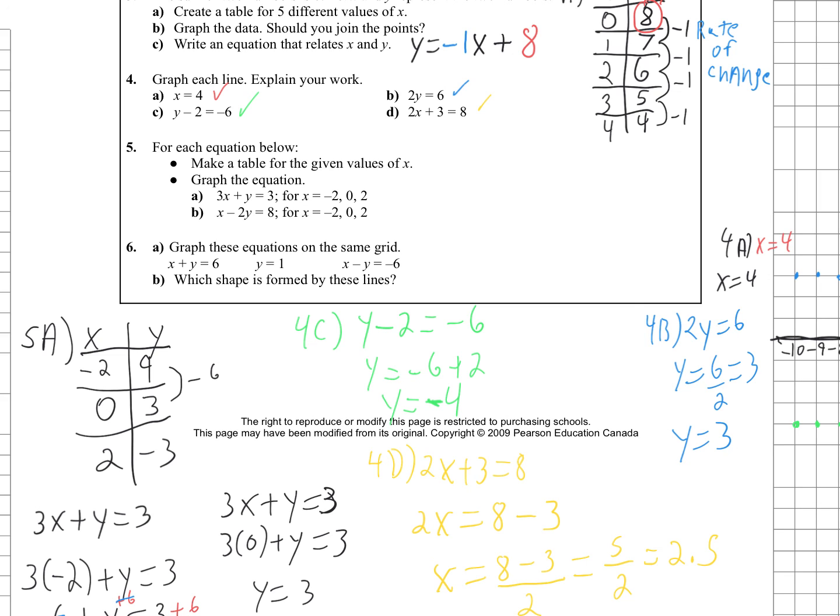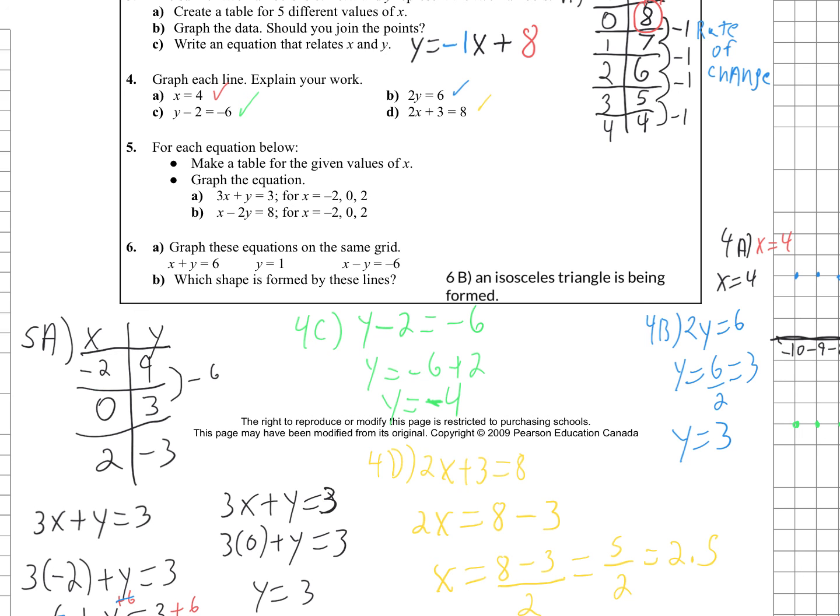So for 6, B, an isosceles triangle is being formed.